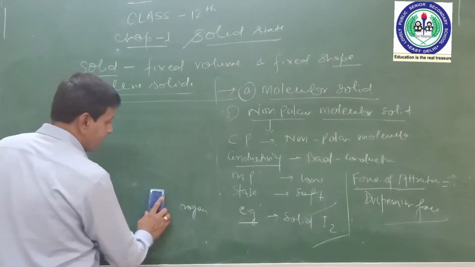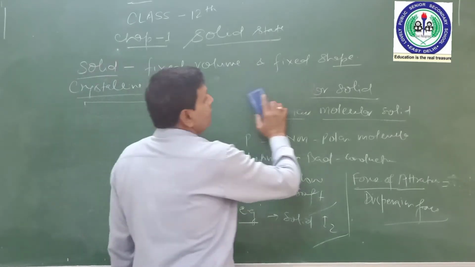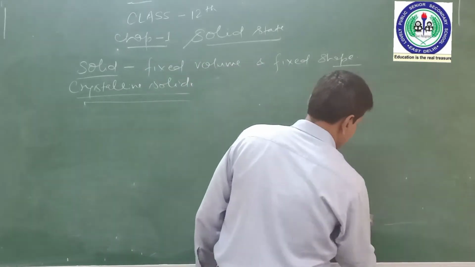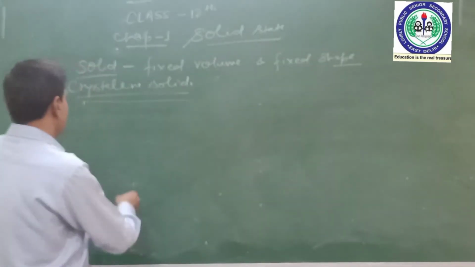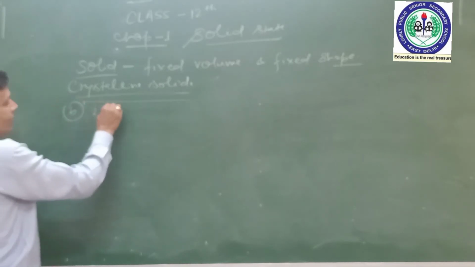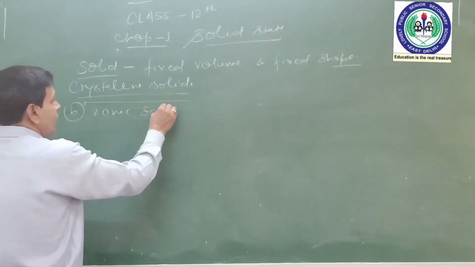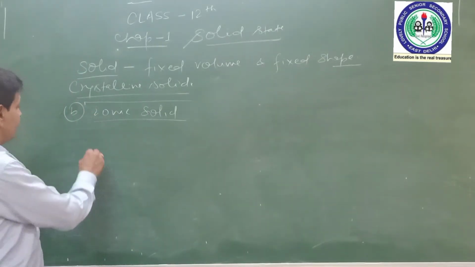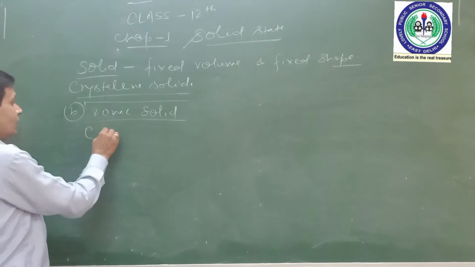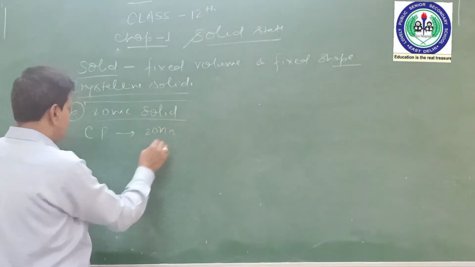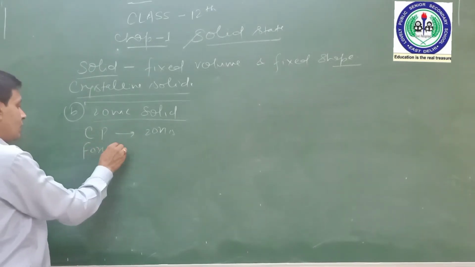Next one, the second part of the crystalline solid, that is ionic solid. Again, we have to take these different kinds of scale. The first one is constituent particle. Constituent particle of the ionic solid is ions.